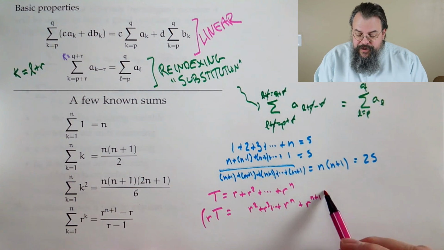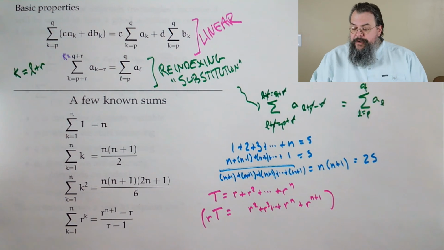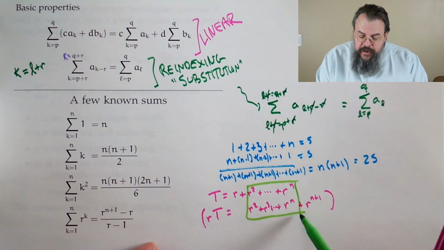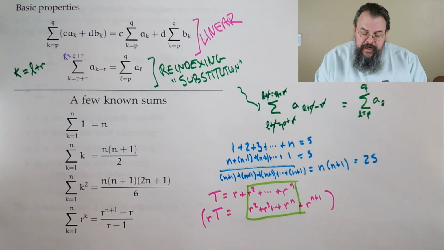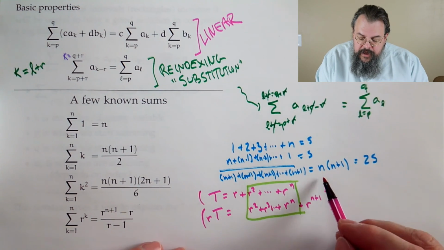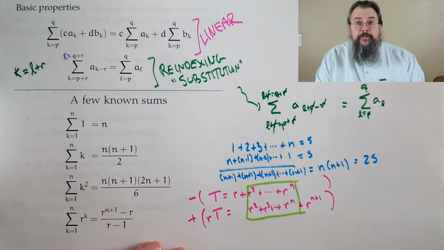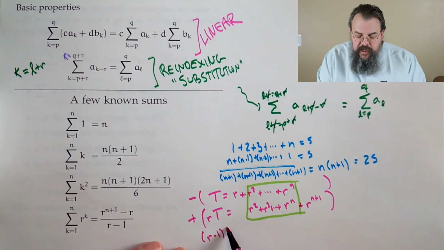Oh, notice how most of the middle matches up. Whenever you have lots of things matching up, we should be thinking about ways to combine to get cancellation. In particular, we're going to subtract the first one and add the second one. If you do that, you'll get r times t minus t, which is r minus 1 times t.